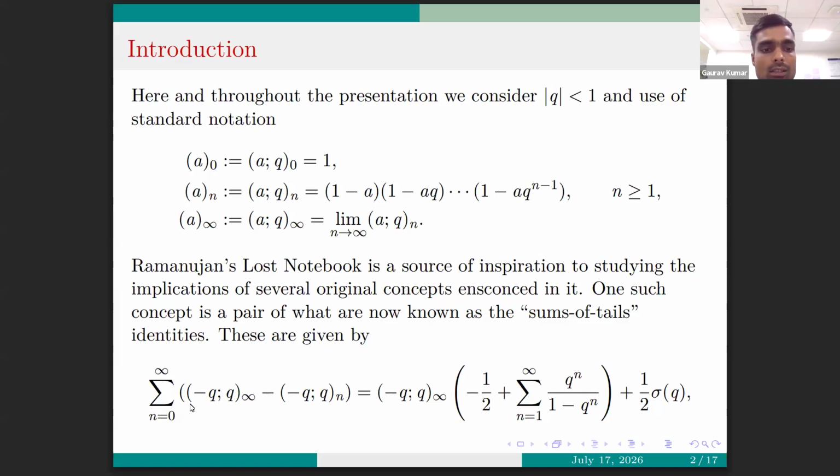Because out of these q-products, it takes certain tails and takes the sum of those tails. And you get this beautiful representation, where this particular sum, if you can recall, is the generating function of the divisor function, and this is the sigma(q) function, which we'll see in the upcoming slides.